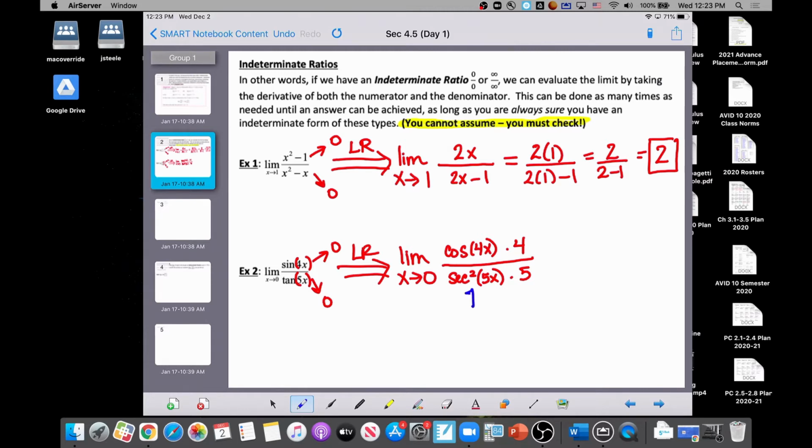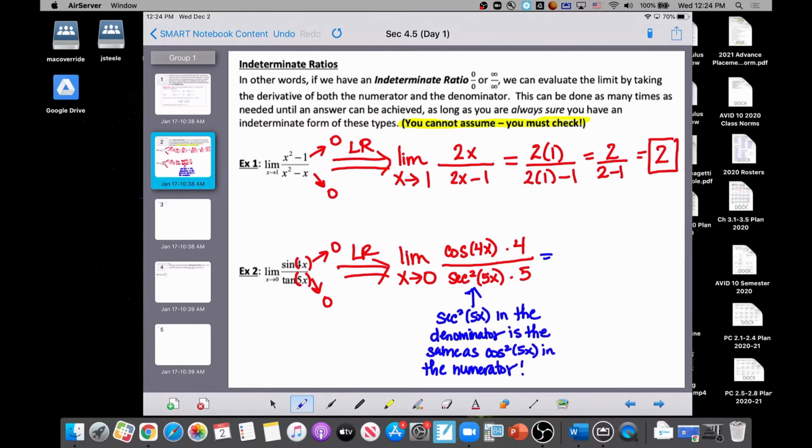So basically, this secant squared of 5x in the denominator is the same as cosine squared of 5x in the numerator. And I always like to think in terms of sines and cosines if possible.